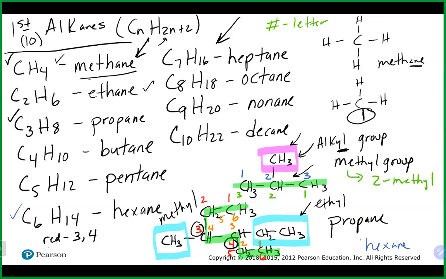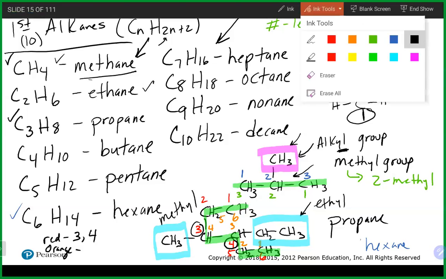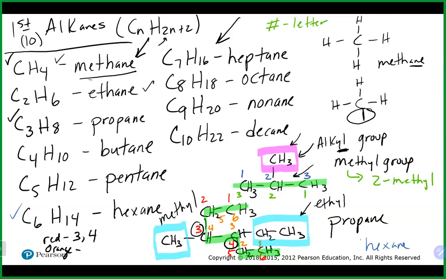So going in the orange direction, we end up with a group at carbon number 1, 2, 3. Oh, no, I did not do so well here. It was the same. And also number 4, right? So we did end up here with the same result, no matter which way we go.